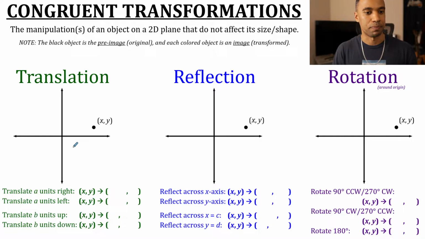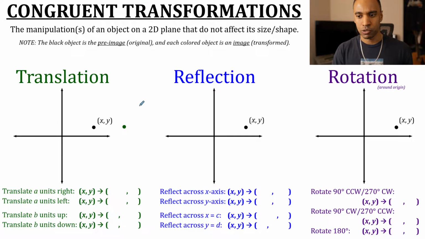Okay, translation. Translation is the way that you move objects left, right, up, or down. I'm only going to talk about a single point right here. Say that I wanted to translate an object A units to the right. That means I take a point here and I move it 1, 2, 3, 4, 5, 6, A units over to the right. Where is it now? Before it was at X comma Y. When I move this over, it hasn't changed its Y value.